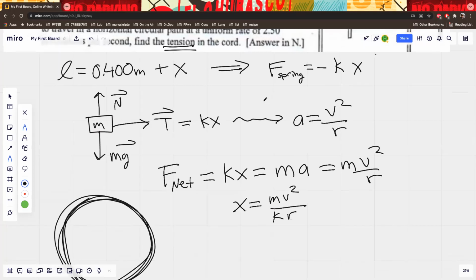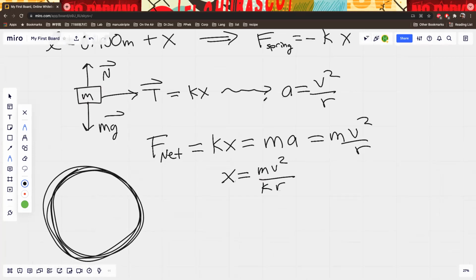Yeah. So if it's traveled 12.5 circles in 5 seconds, then how much distance has it traveled in 5 seconds? Oh, I see. It would be 12.5 times the circumference. So within 5 seconds, 12.5 revolutions.